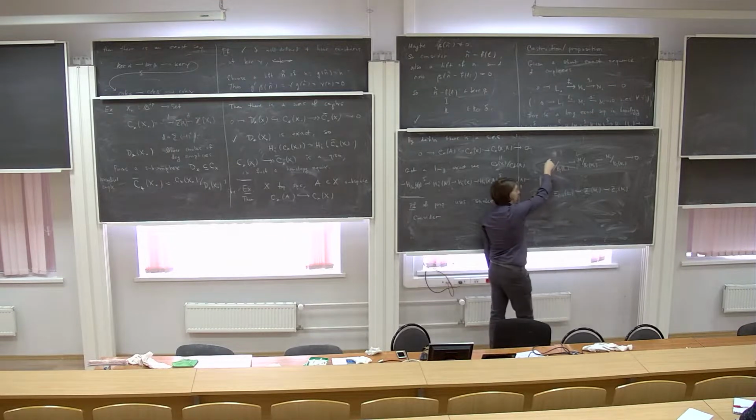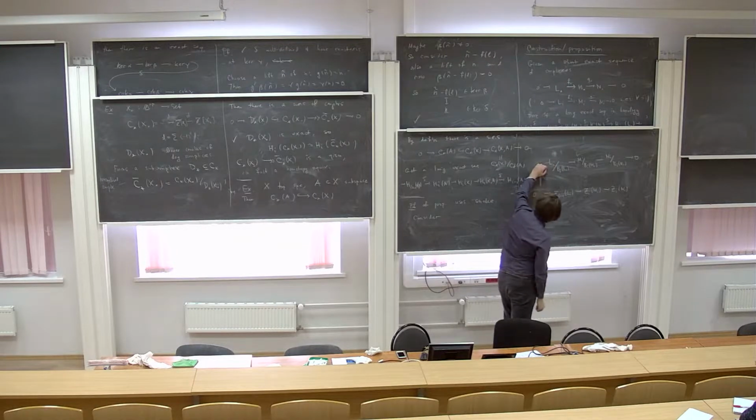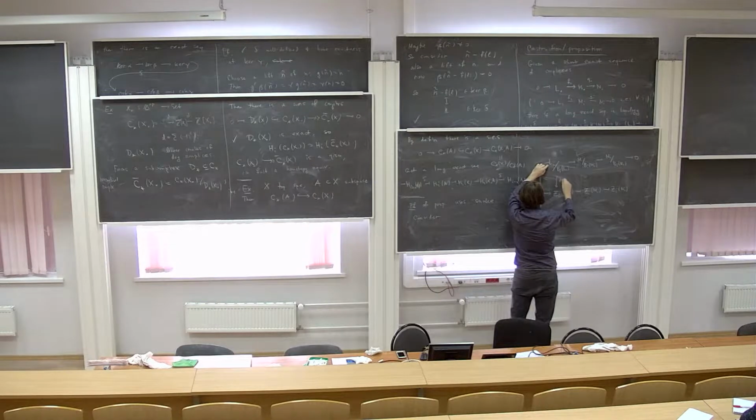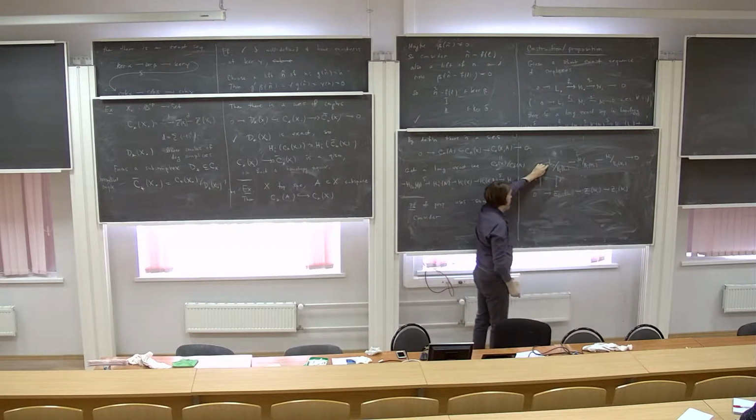Now if I take something in L_i and apply the differential, it lands in L_{i-1}. If I apply the differential again, it goes to 0. So if I apply d_i^L here, I'll get a map which lands in these i-1 cycles.